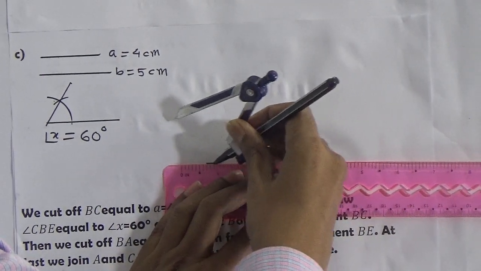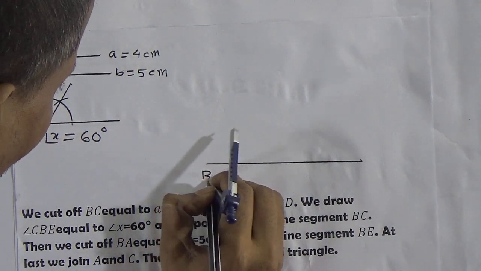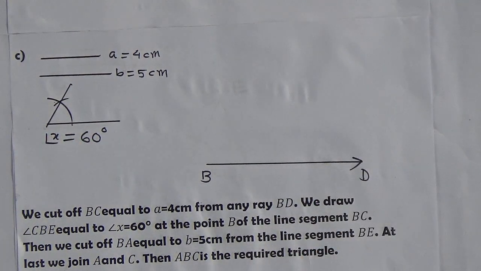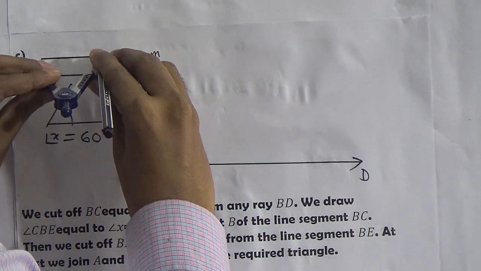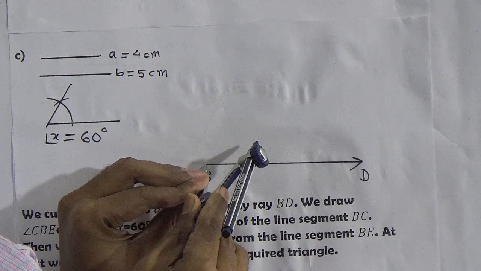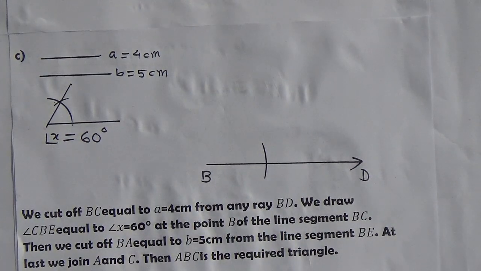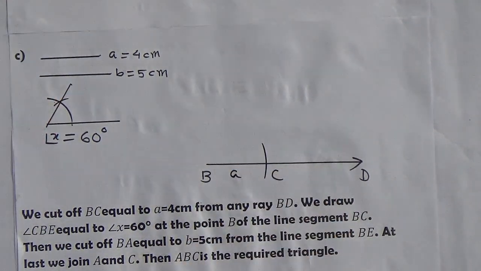We take any ray BD. From BD, we cut BC equal to a. Now taking B, we have to draw an angle which is equal to 60 degree. Okay, look.